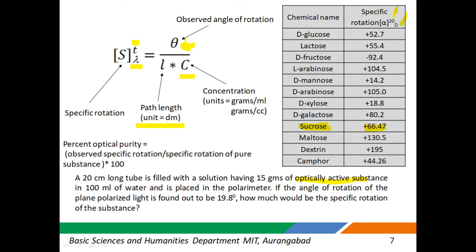What that means is the readings are taken at 20 degrees Celsius and the wavelength used is sodium light. So this is how we need to look into this data, and this is how we need to understand the role of this table in finding which is the optically active substance involved.